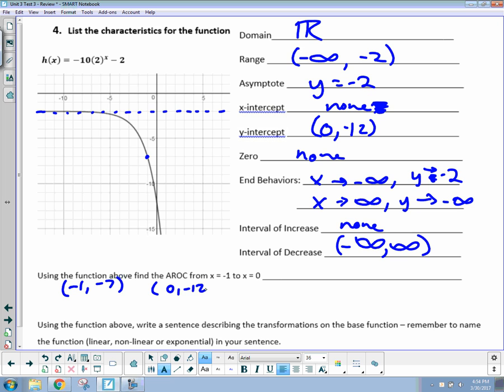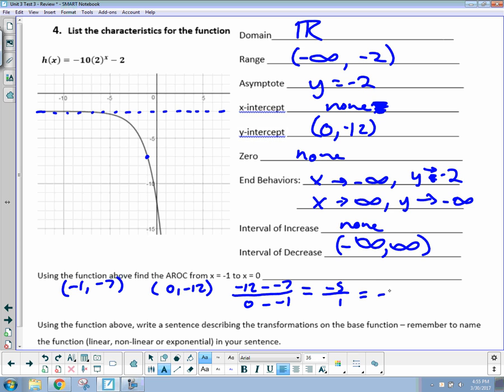Again, plug all these values in, we get negative 12 minus negative 7 all over 0 minus negative 1. The double negatives turn into positives. So negative 12 plus 7 is going to be negative 5. And 0 plus 1 is 1. So this is going to be negative 5.